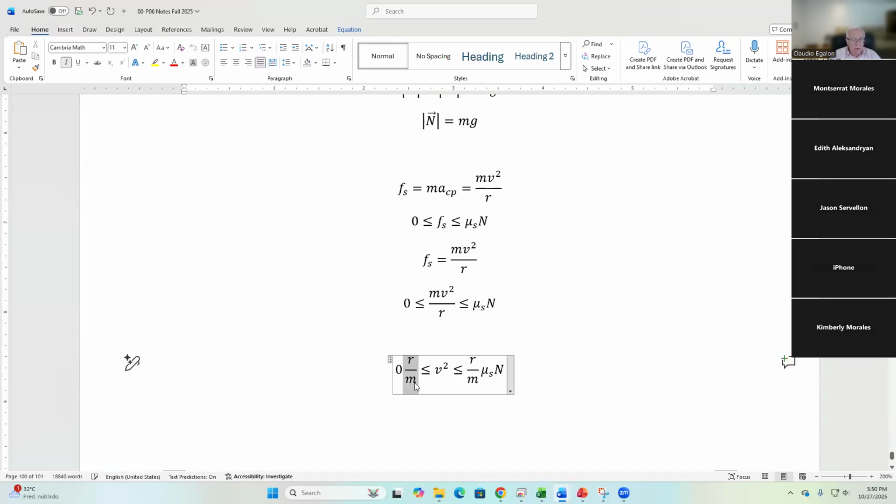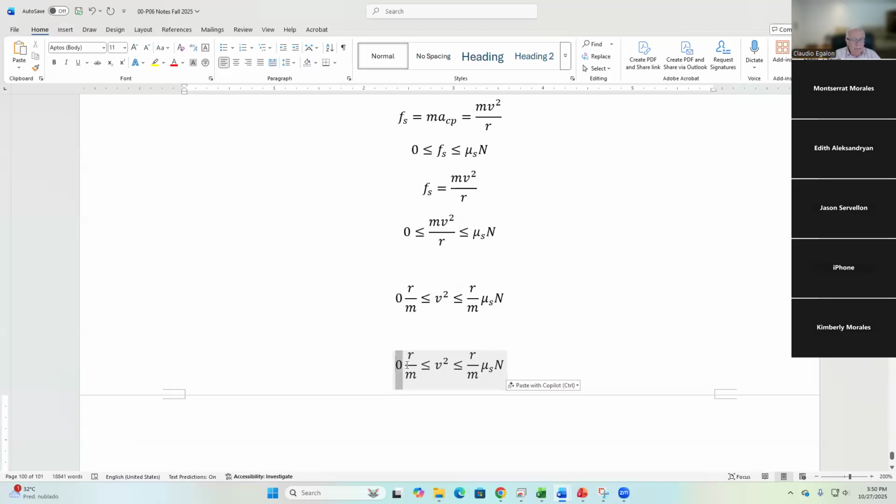But because this ratio is being multiplied by 0, the left side continues to be 0. And now we finally found that we have this maximum value for the square of the velocity.